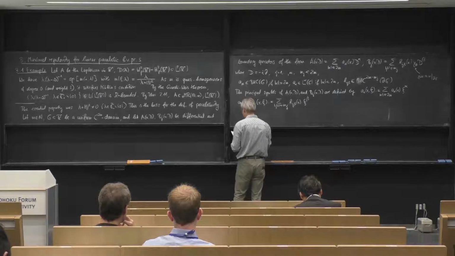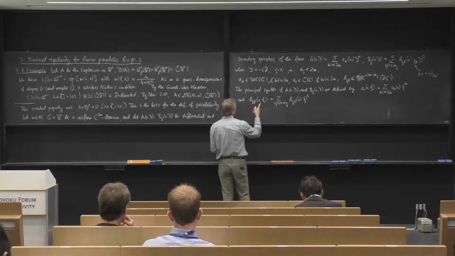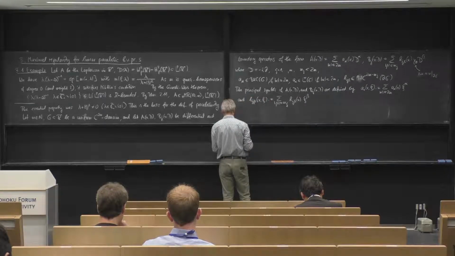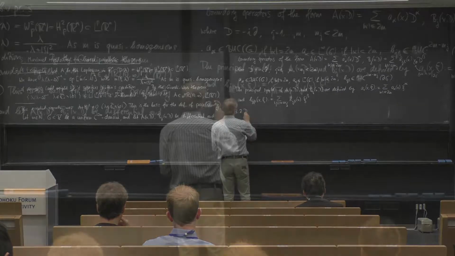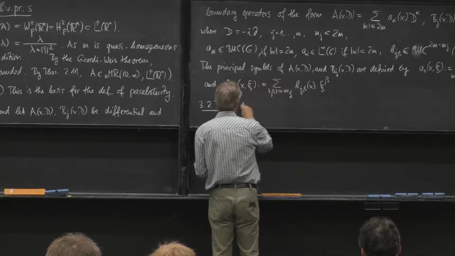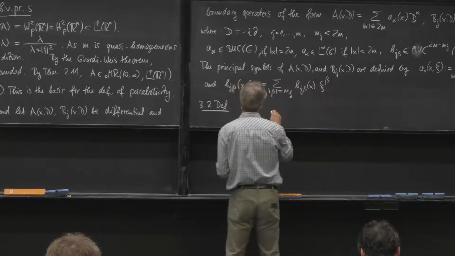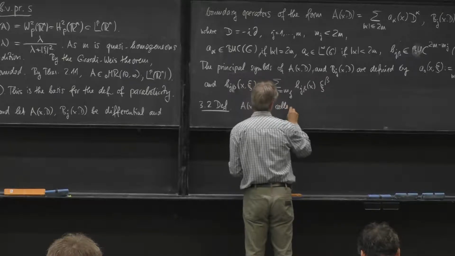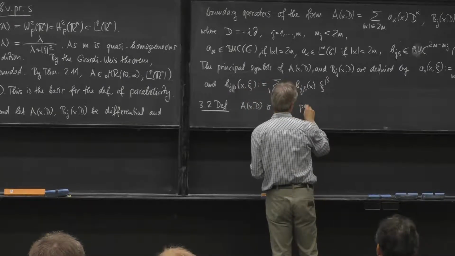So I start with parabolicity of A. So A of x, D, the formal operator, is called parameter elliptic.